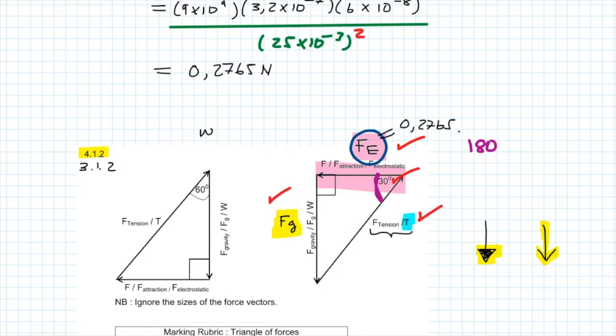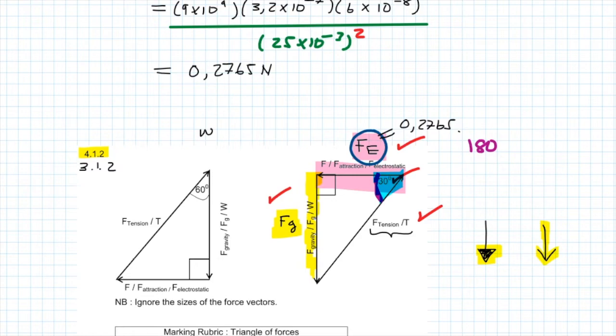Now if we look very carefully, ignoring the 60, we see that we have the magnitude of this force, or that side of the triangle, and we are looking for this side of the triangle. We also have this angle of 30 degrees. So what is the relationship between these sides and the angle, given that this is a right angle triangle? Remember that when we have right angle triangles, we can use trigonometry.